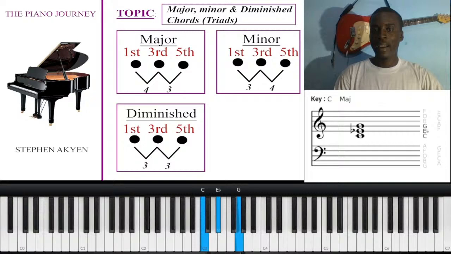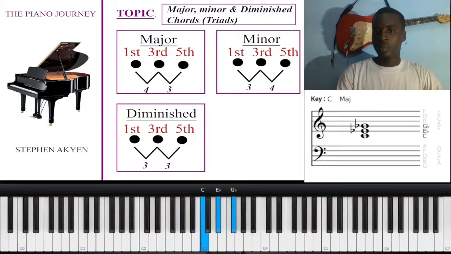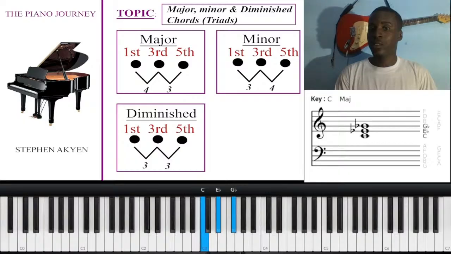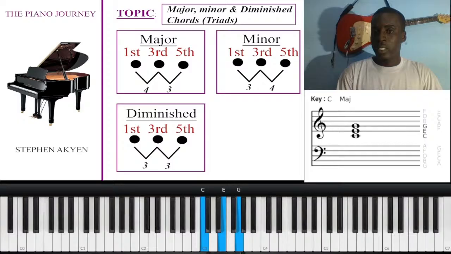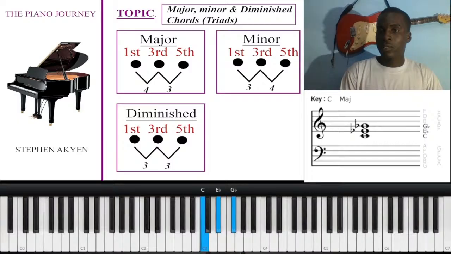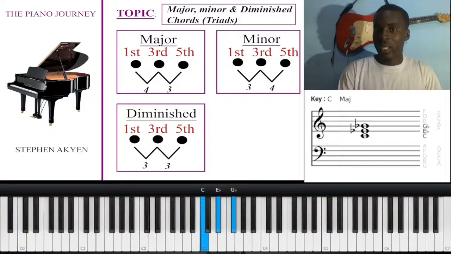If I want to form the C diminished chord, what I do is I flat the 5. Alright. You see how small it is? That's why it gets the name diminished, small. Okay. This is our C major chord, this is our C minor chord, and this is our C diminished chord. Okay. So that's it, diminished chord.